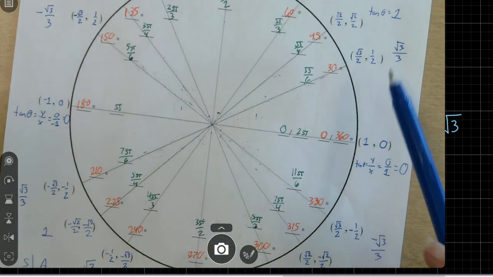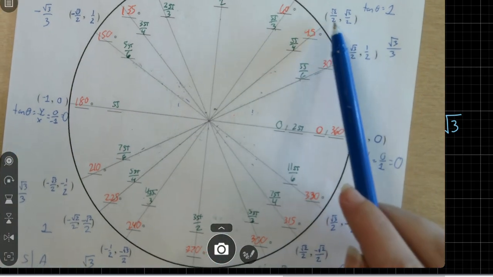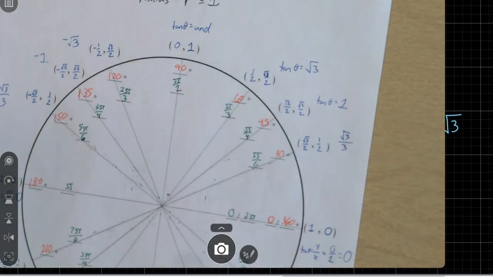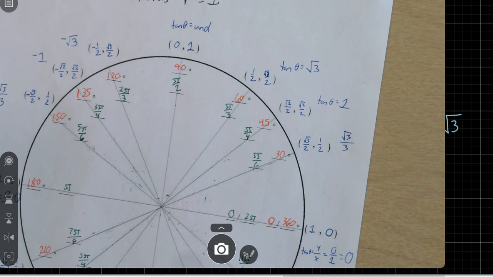Ready? 1, 2, 3, 4, 5, 6, 7, 8, 9, 10, 11, 12. Each one, I don't know, I haven't made it yet. Is it a quiz? It's a quiz. I can't make it a test, it's too early.